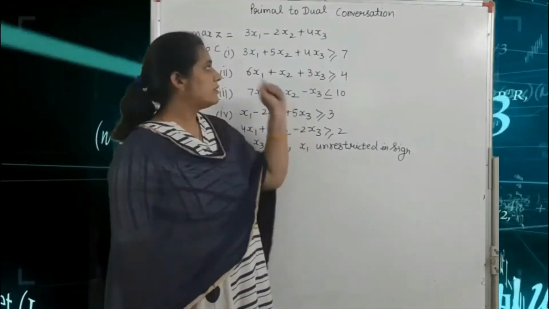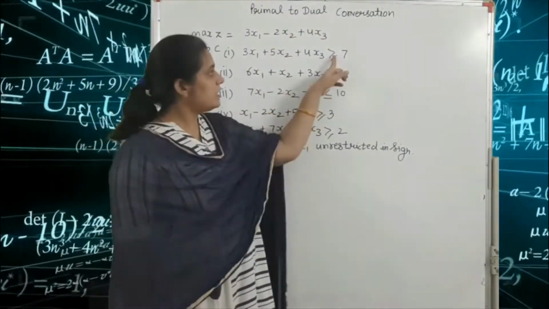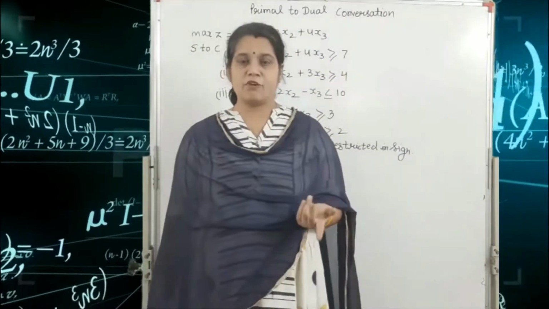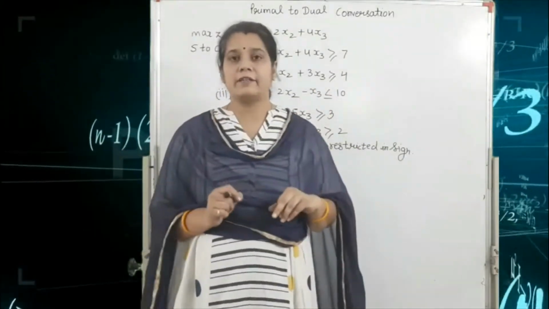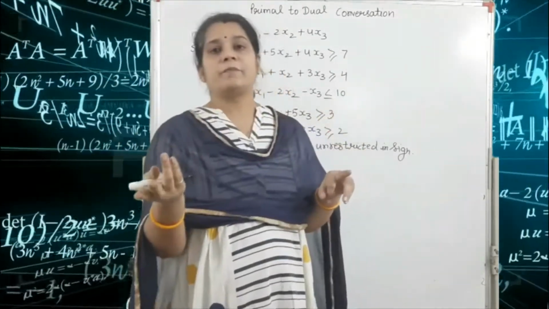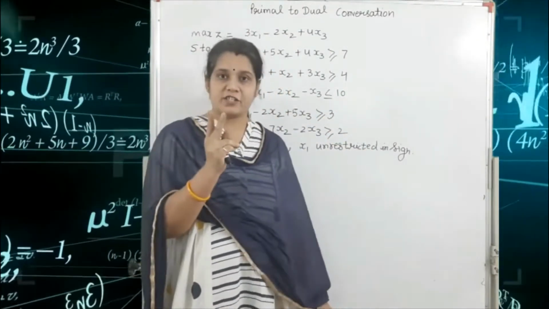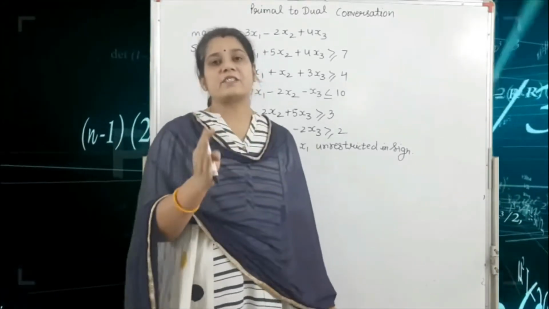And if in your primal subject to constraint equation the inequality is equal to type, for example the second equation has the equal to sign, then in the dual the second decision variable is unrestricted in sign.